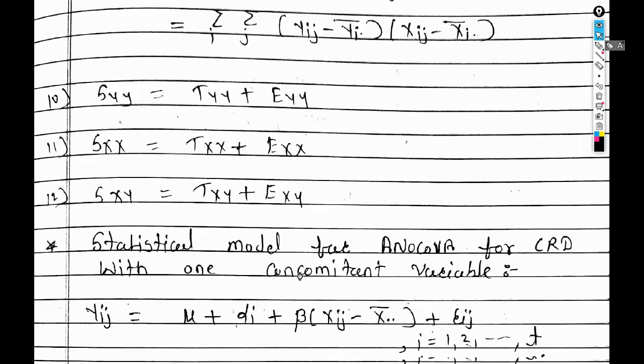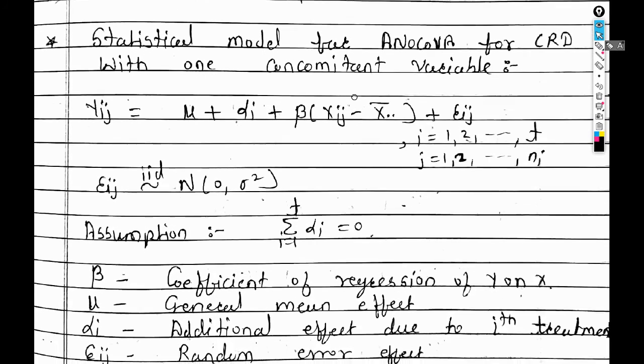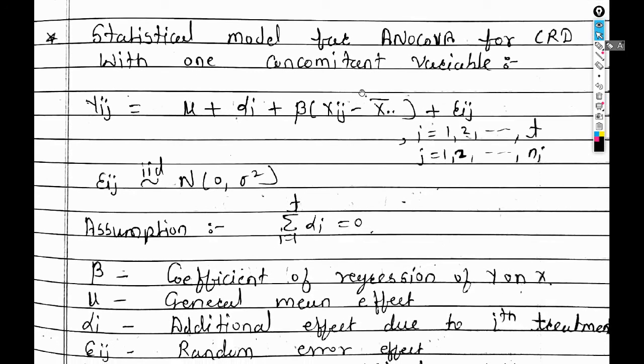Now we will discuss the statistical model for ANOVA in CRD when we consider only one concomitant variable, that is one x variable. Our model is: yij equals mu plus alpha i plus beta into (xij minus x dot dot bar) plus epsilon ij, where i is running from 1 to t and j is running from 1 to ni.